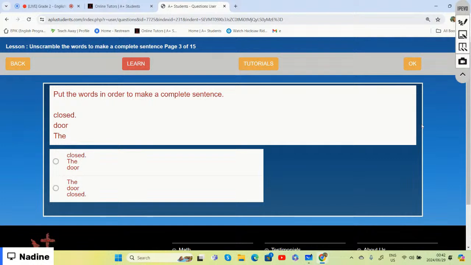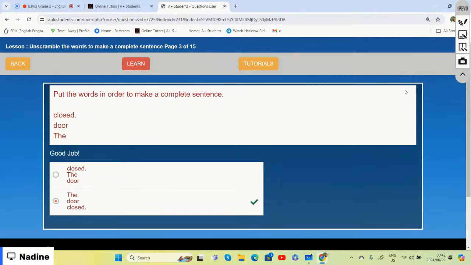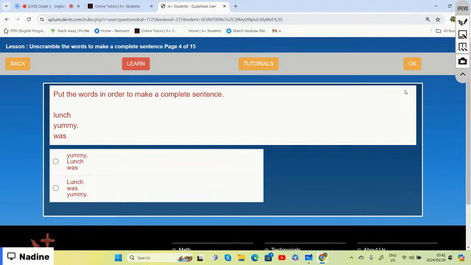And if we were to choose the correct one, we would say the door closed, which is option two. Remember, if you look at the sentences, they are not telling you which one should be capitalized, but they are telling you that the last word will have a period.